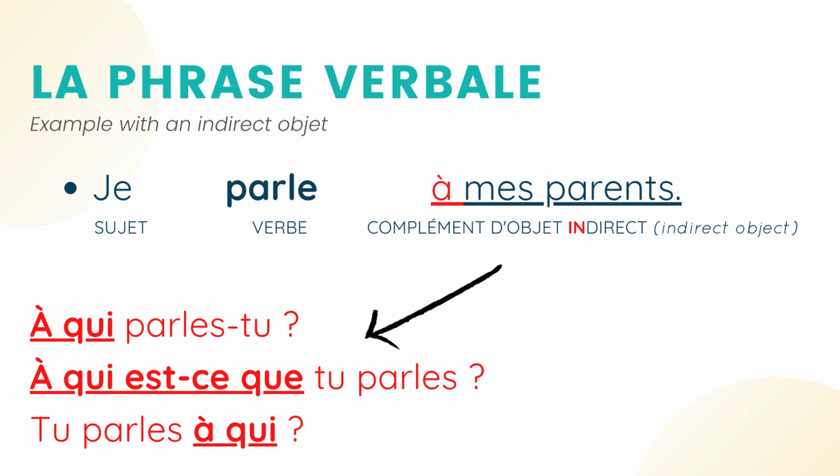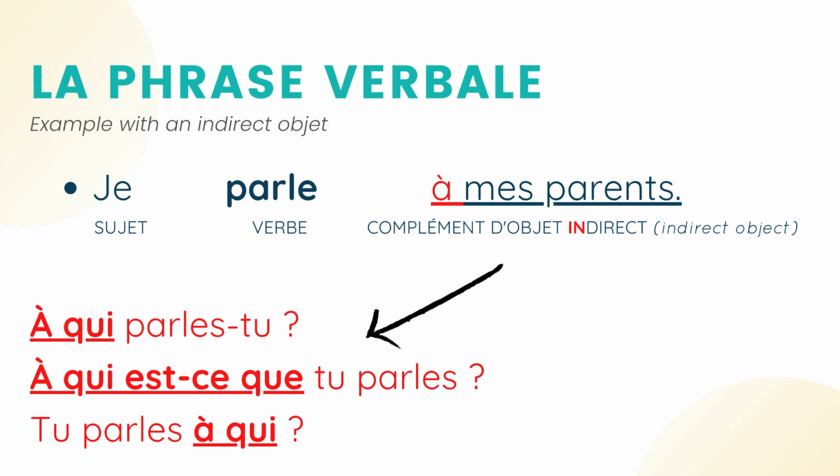Same example. Let's say that I'm talking in a very noisy environment. And like now, for instance, you can hear the helicopter of Brooklyn. I would say something like, je parle, but you're frustrated because you want to know to whom I'm talking to. So the question you would ask would be, à qui parles-tu? À qui est-ce que tu parles?